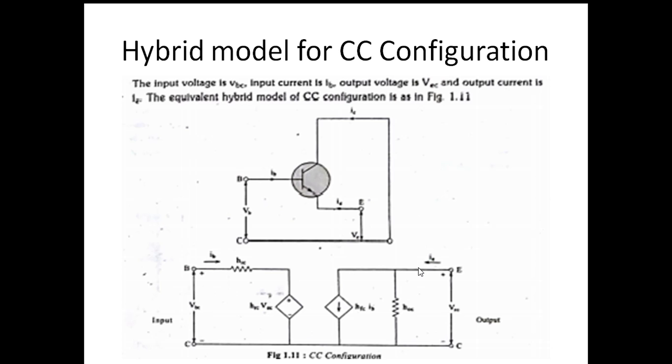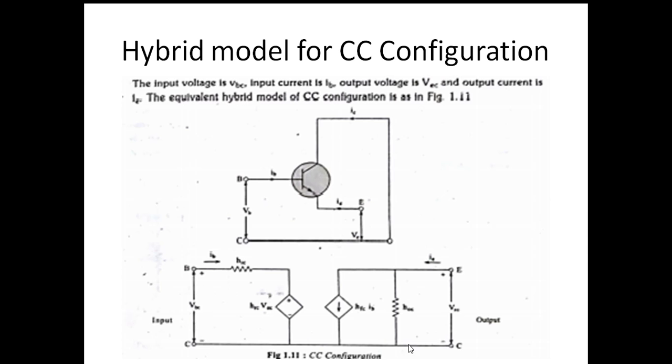So this is the incoming current at this node, therefore these two must be outgoing currents. That is why the direction is downwards. So this is HFC IB, where HFC is the forward current gain and IB is the input current. So this depends on IB, the input current. Therefore, it is a dependent current source.